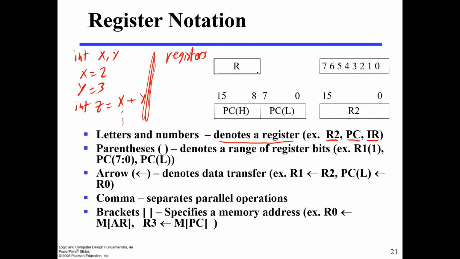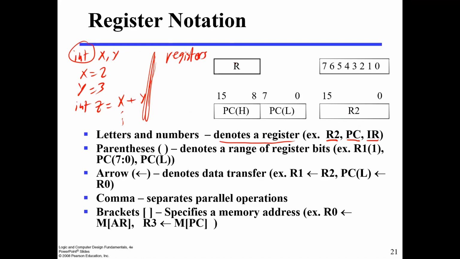Now, these registers have sizes. In programming languages we have to define a type. Here, a register is just a set of flip-flops, but it should also have a size.